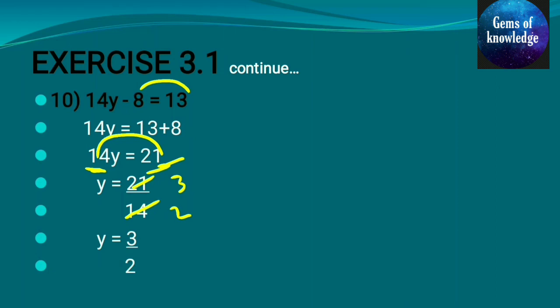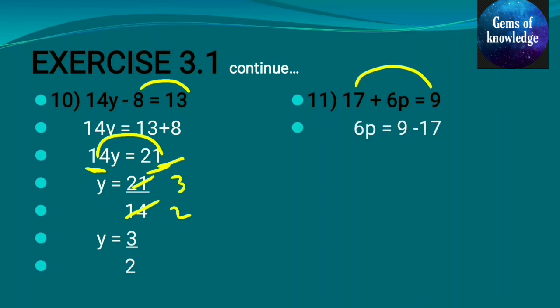Okay, next the 11th one: 17 plus 6p is equal to 9. Again you have to bring this 17 to this side. You will get 6p is equal to 9 minus 17. Can you subtract the bigger number from the smaller number, that is 9 minus 17?